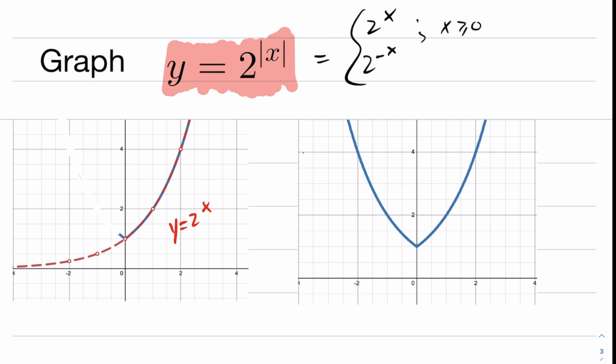That's why you see here that what I have in blue represents x being greater than or equal to 0, and that is exactly the same graph we have for our y equals 2 to the absolute value of x function. They're exactly the same. There's no change. Now, on the other hand, when x is less than 0, the absolute value of x becomes negative x.